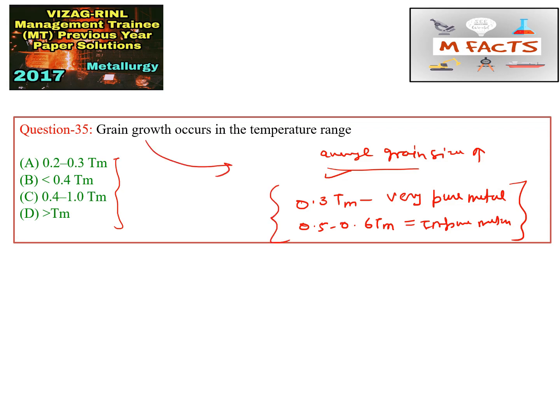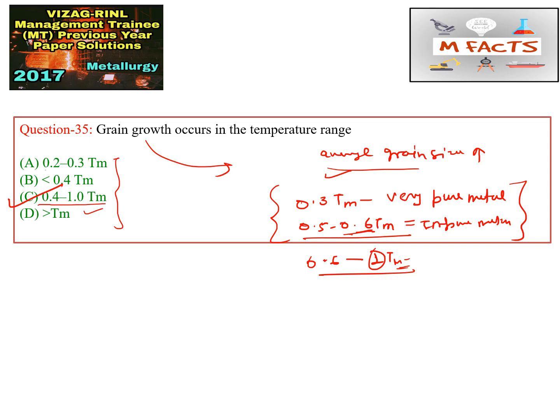So we can say somewhere between 0.6 to 1 Tm, where 1 Tm means up to the melting temperature. As per the options, grain growth can only take place after 0.6 Tm, and the option 0.4 to 1 Tm favors this. So C is the correct answer for this question.